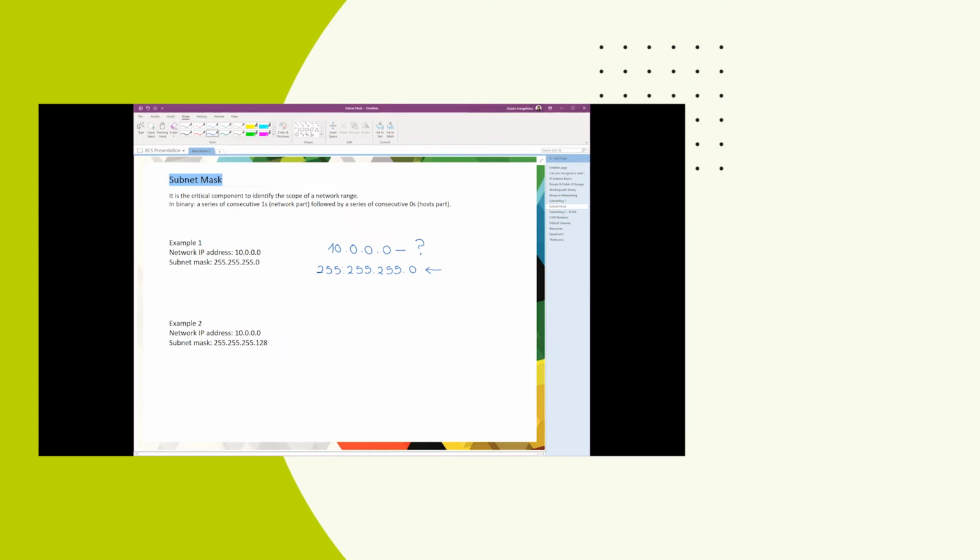If you notice, the octets of the subnet mask and the octets of the IP address are all four. So this part specifies the first octet. 255 here means we need all 8 bits.